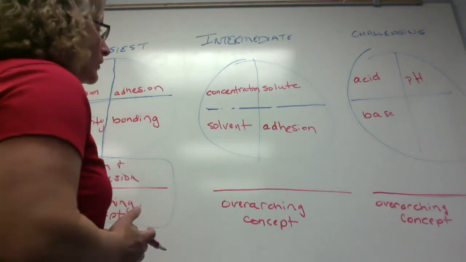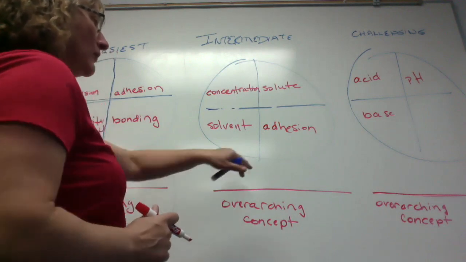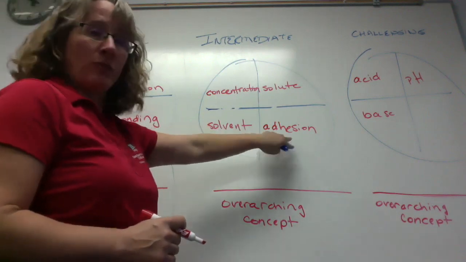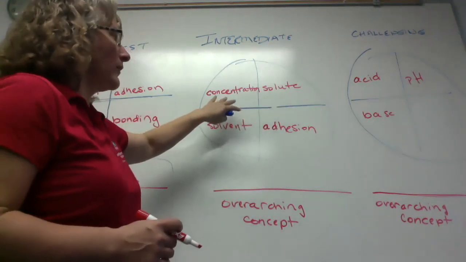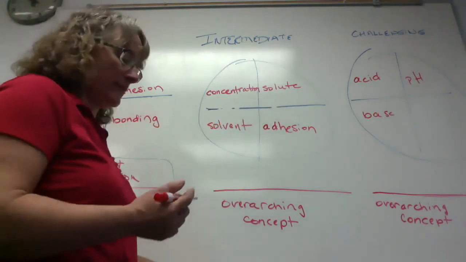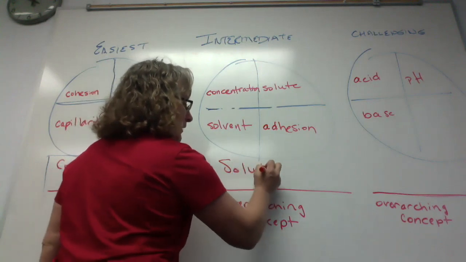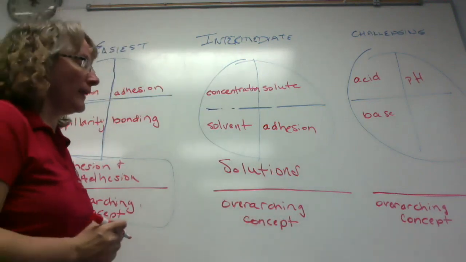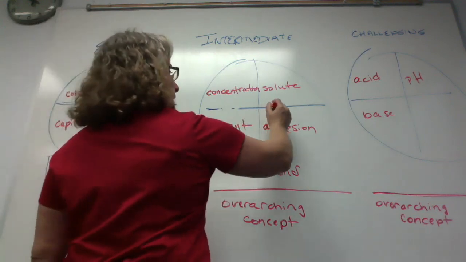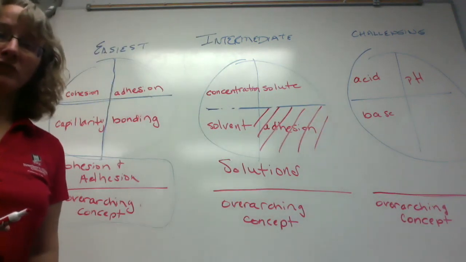So I look at concentration, solute, solvent, and adhesion. We know adhesion, which we just discussed, deals with kinds of bonding. These are dealing with solutions and how things get dissolved. So the overarching concept is solutions, and the one that does not belong is the word adhesion. So we're going to mark it out, just like that.